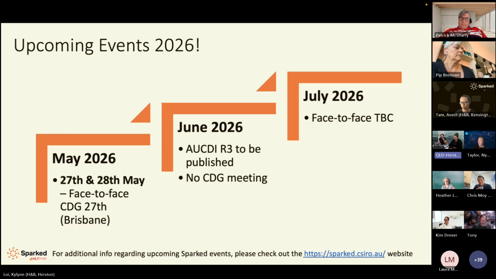Our next face-to-face after that will be in July, and I think that's going to be Melbourne at this point in time, but we will share more details soon. As Avril mentioned in the beginning, we will be including an AUCDI R4 scoping. So if there are particular data groups or data elements that are of interest, start having a think, and we'll put out an EOI like we did for R3 as well.